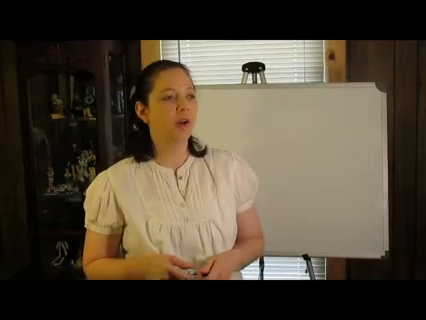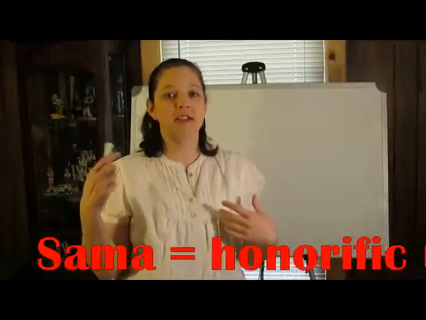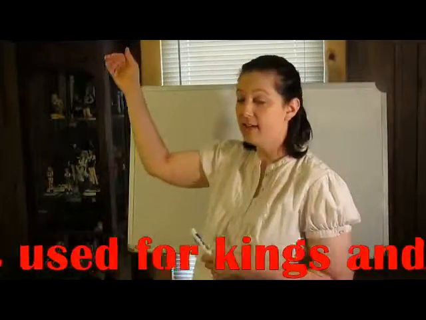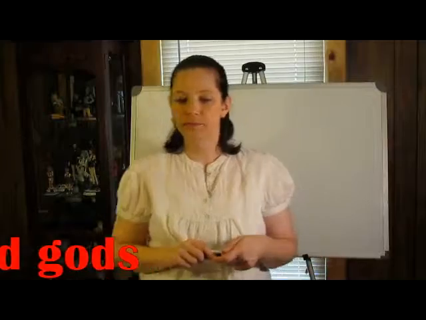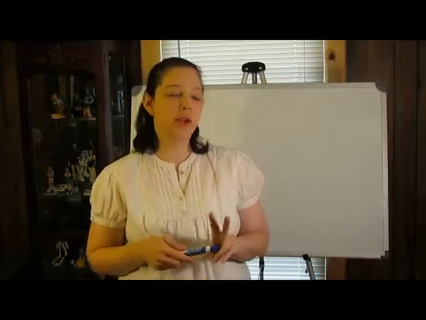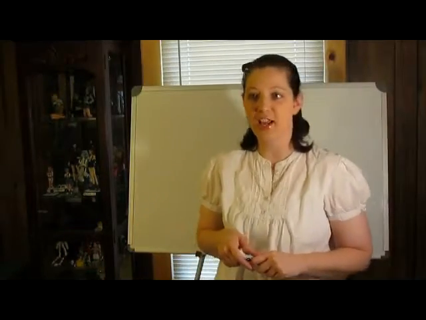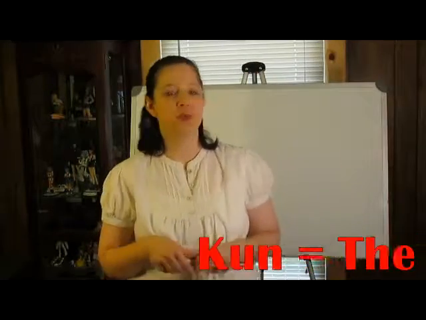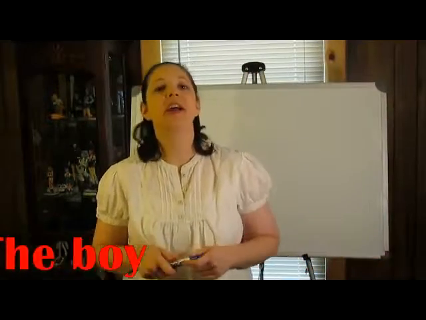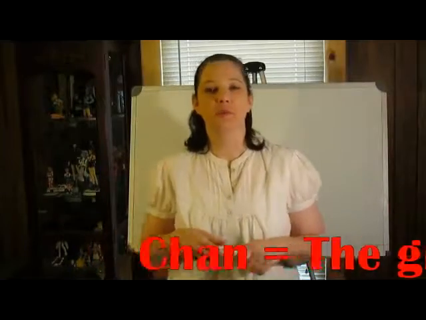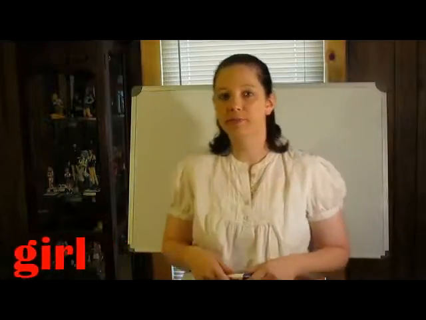Sama, you've probably heard. It's used with kings and gods and people of very high status. But the two that we're going to mainly be using for sentences today are kun, which basically means the boy, and chan, which basically means the girl.